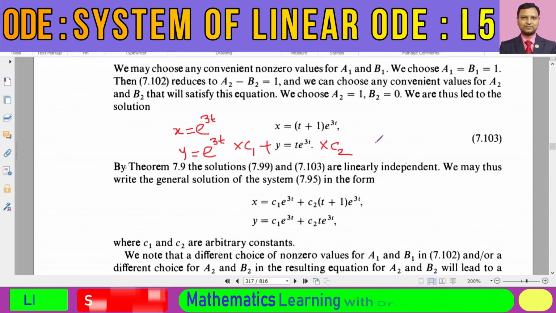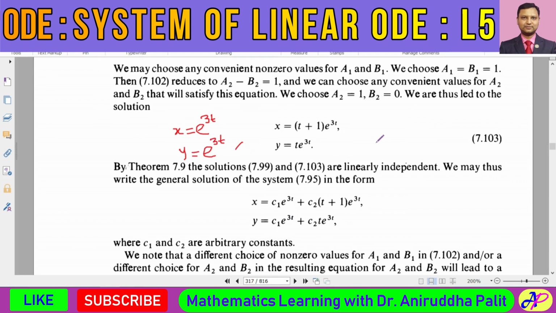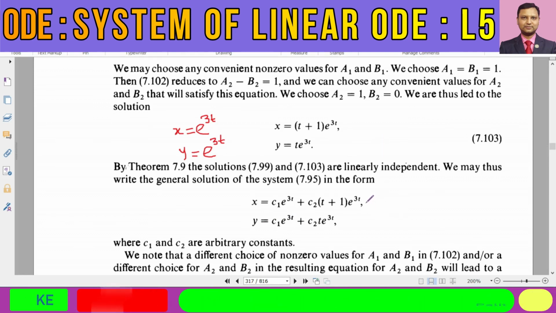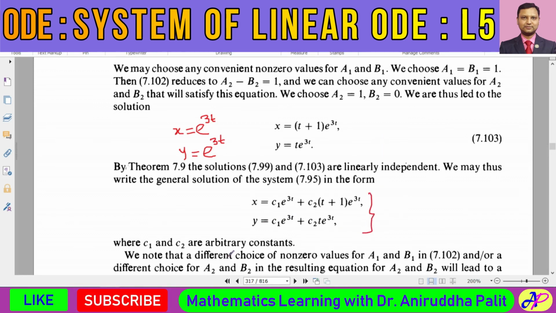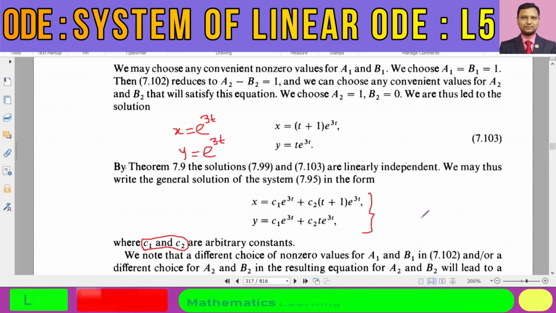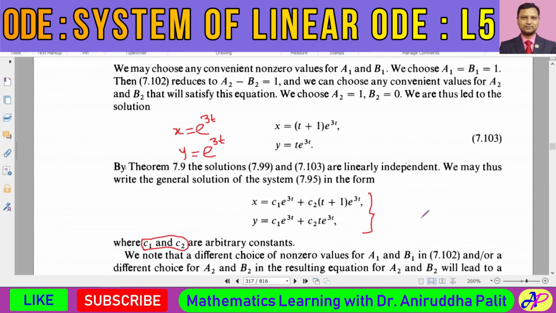Here c1 and c2 are two arbitrary constants. Don't forget to write that.